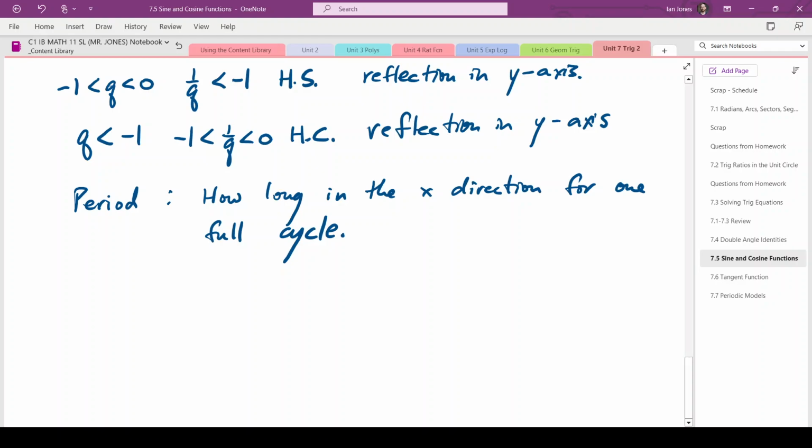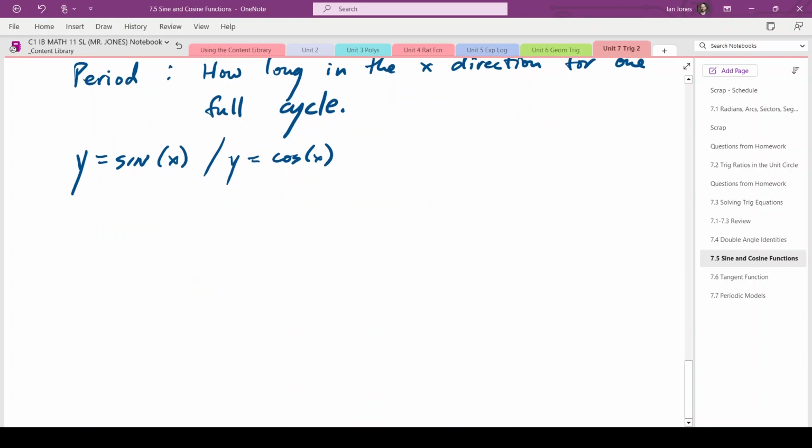So we want to look at the period. Remember that y equals sine of x and y equals cosine of x equivalently, so this applies for both of them. Y equals sine of x or y equals cosine of x have a period of 2 pi.